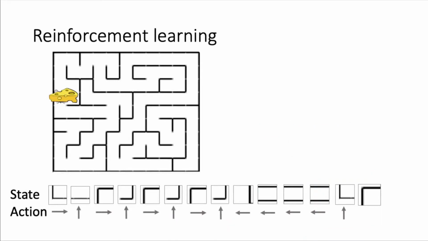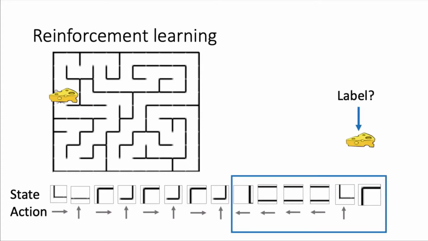Now you might wonder, is there a link between reinforcement learning and supervised learning? After all, there is a concept that's like a label, which is this concept of feedback in reinforcement learning. So why can't we treat this feedback signal as a label and treat all the possible sequences of states and actions that happened before getting this feedback as a single training example?